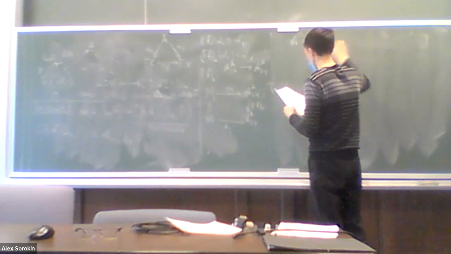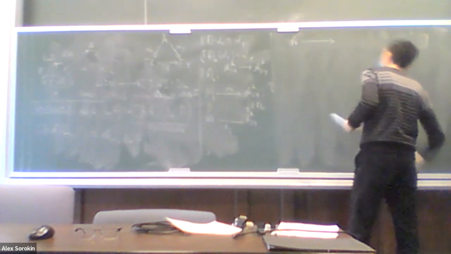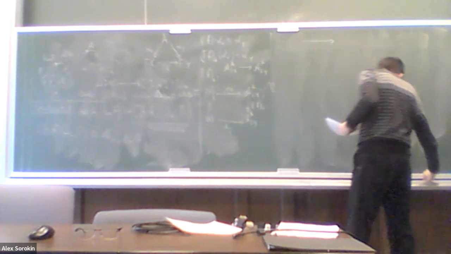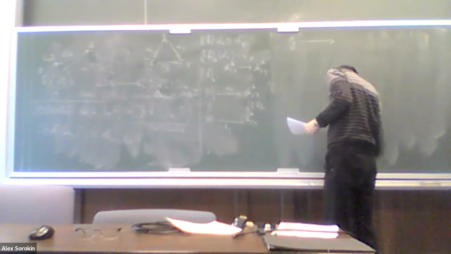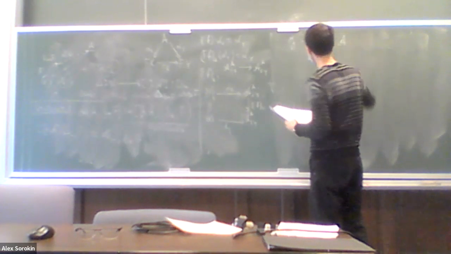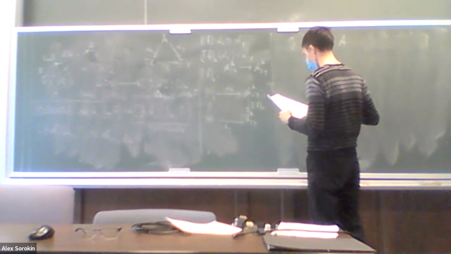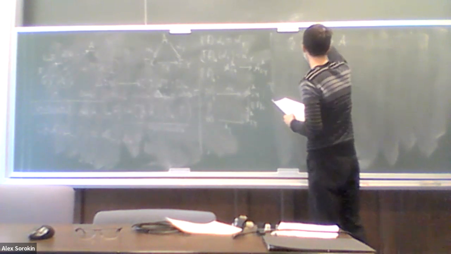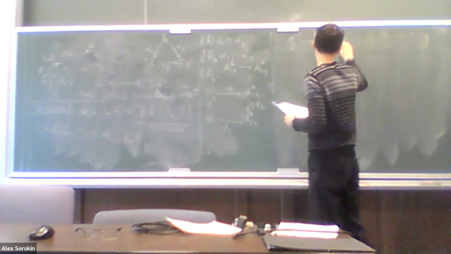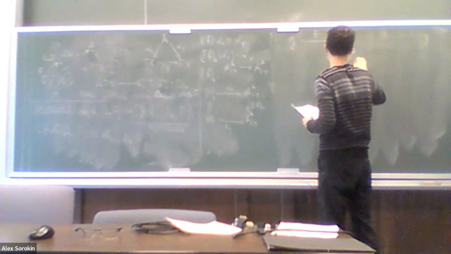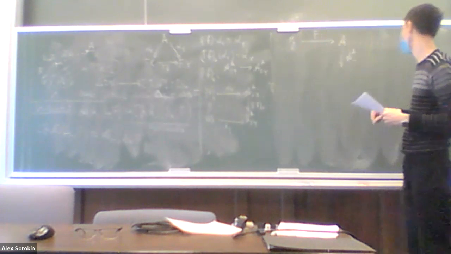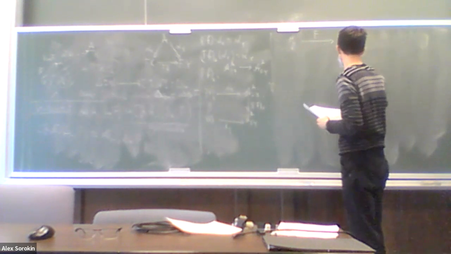No, not A. Here should be J. So I will take J to A, and then this is a functor f. Then we will go down and apply the representable functor.